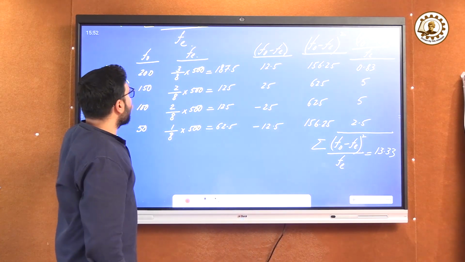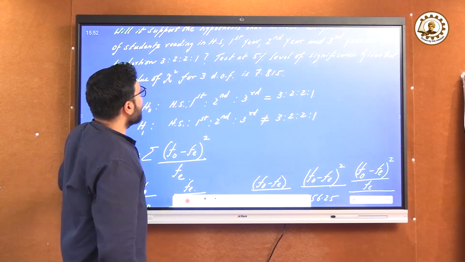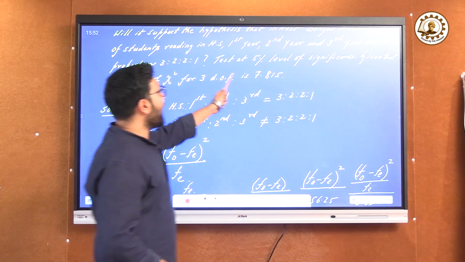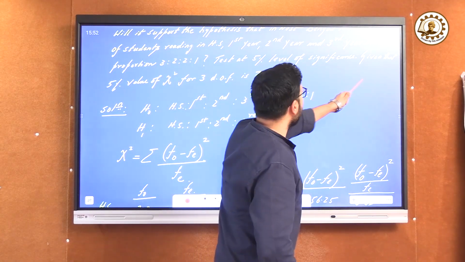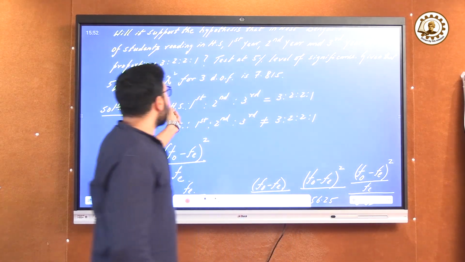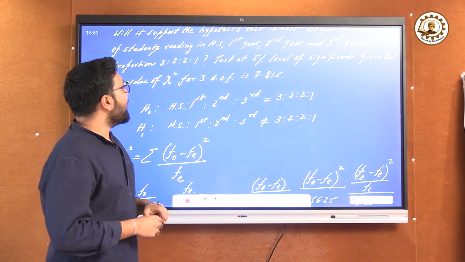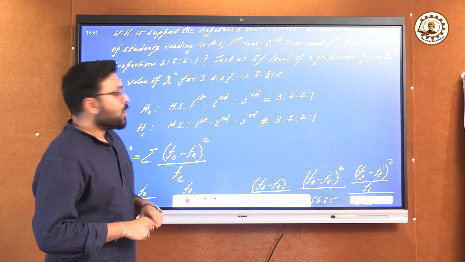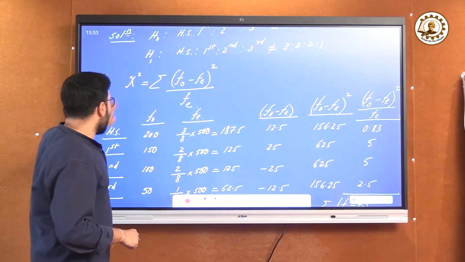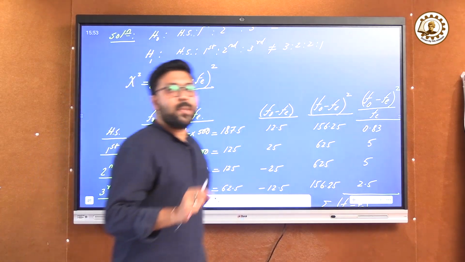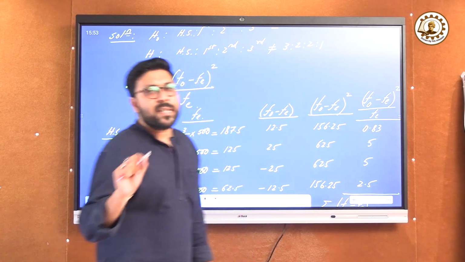So almost the question is done. Now let's see what was given in the question. Test at 5% level of significance, given that 5% value of chi-square for 3 degrees of freedom is 7.815. So here you have taken HS first year, second year and third year. So the degrees of freedom must be 4 minus 1, that is 3.